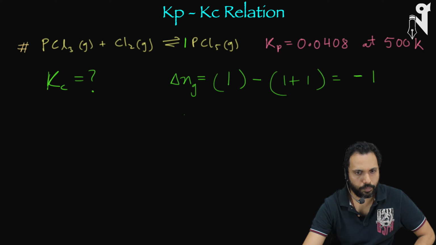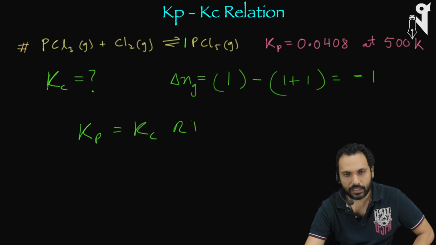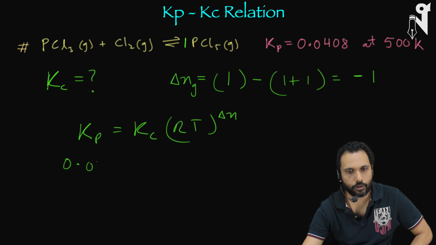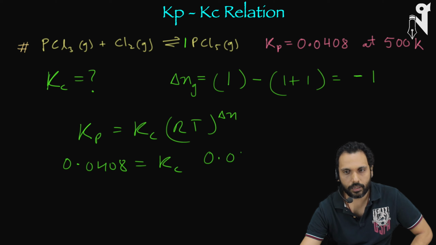Your Kp is equal to Kc (RT) power delta n. So your Kp value is given to you, 0.0408. Kc value is what is being asked. R you'll take as 0.0821. T is given as 500 kelvins.